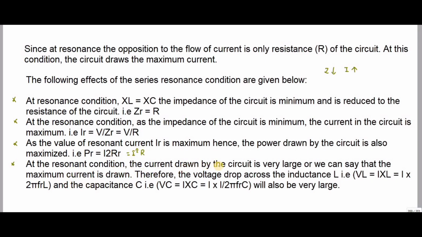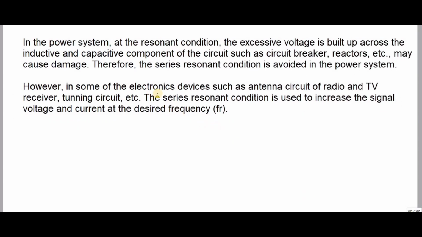So at resonance condition, the current drawn by the circuit is very large. Therefore, the voltage drops across VL and VC also become large. So at resonance condition, excessive voltages build up across the inductor and capacitor.